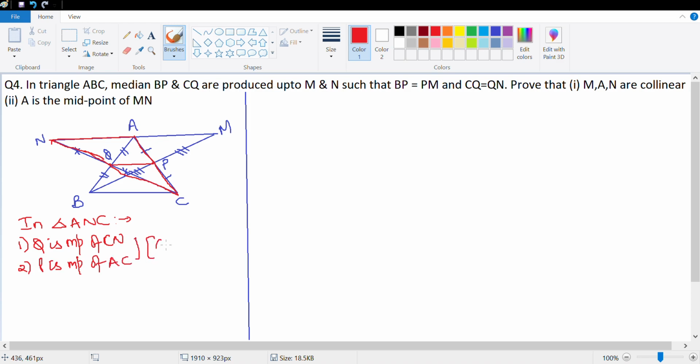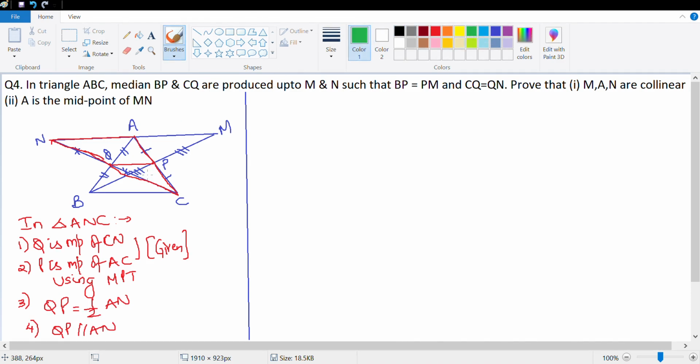Both of these are given. Next, using the midpoint theorem, I can get two parts. Number three, QP is equal to half of AN, and number four, QP is parallel to AN. Perfect. So I have got one triangle where I did something.